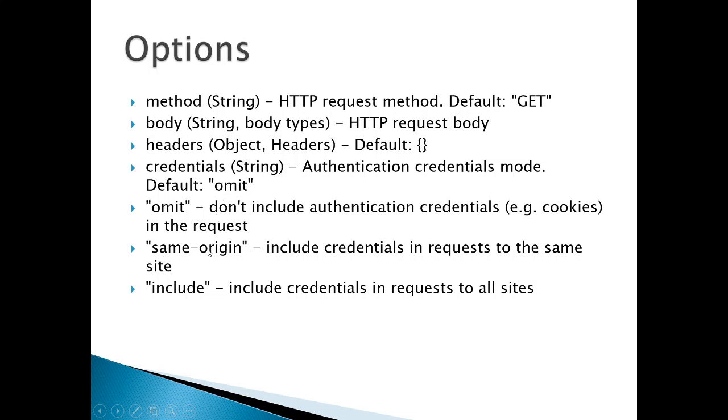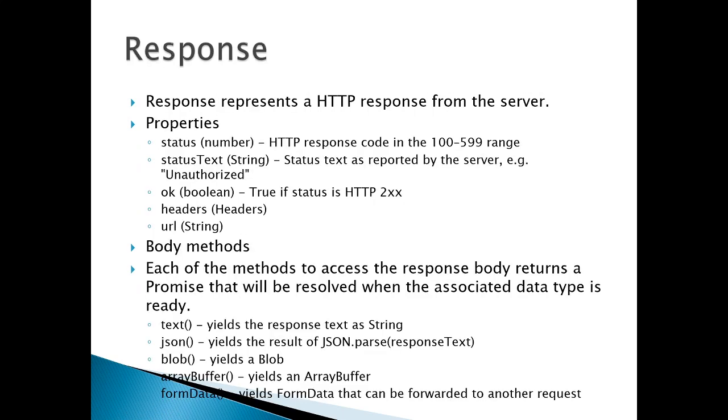You can say use same-origin, which includes the credentials in requests to the same site, or you can use include, and with include you can use bearer and so on, whatever technique you have used to implement the authentication. So these are the options that can be applied with your fetch application.